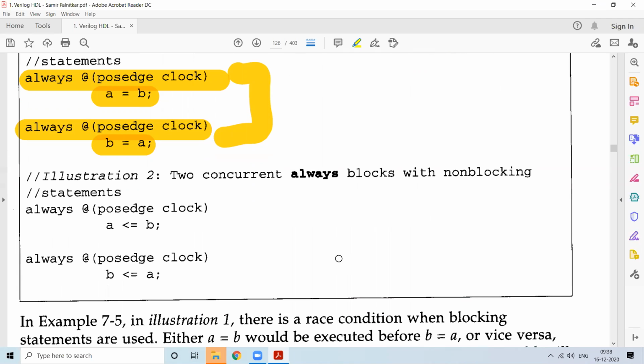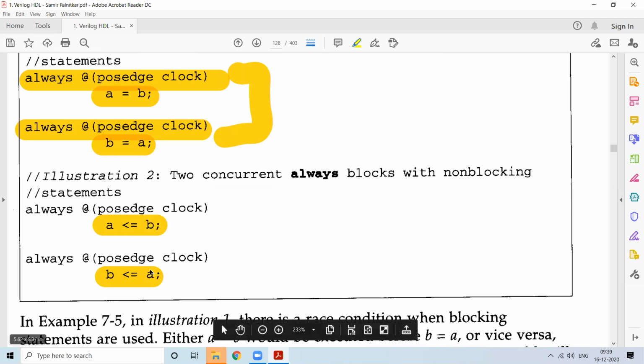Now, what about when you use the same thing with non-blocking assignments? There is one special feature of non-blocking assignment. Here you have the value of B on the right hand side, and here you have the value of A on the right hand side. What a non-blocking assignment basically does is, internally it keeps the old value of B and the old value of A in a kind of temporary register.